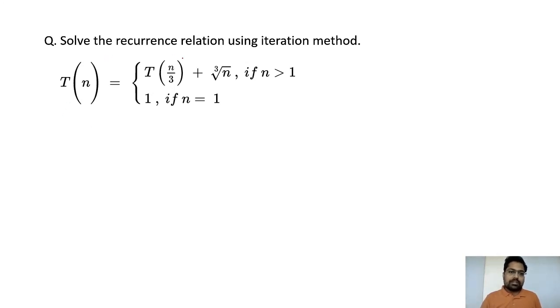So the question is: solve the recurrence relation using the iteration method. As we have already discussed, the recurrence relation is defined from recursion. A recurrence relation can be solved using four methods: the iteration method, the substitution method, the recursion tree method, and the fourth, the last, the master theorem. Why do we call it the master theorem?